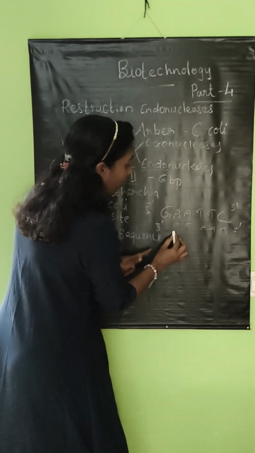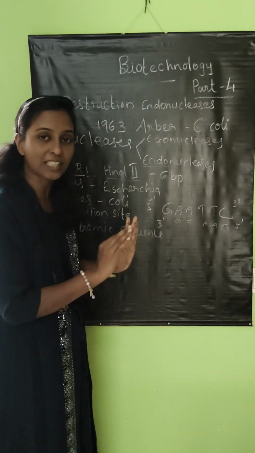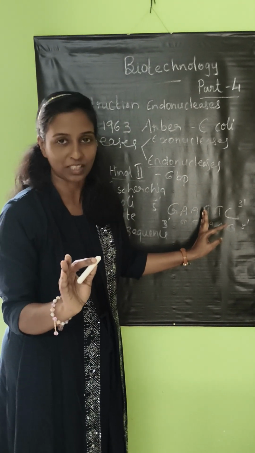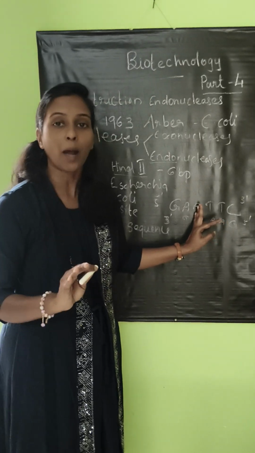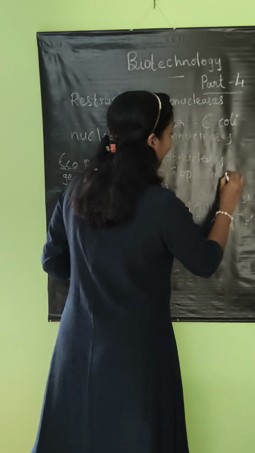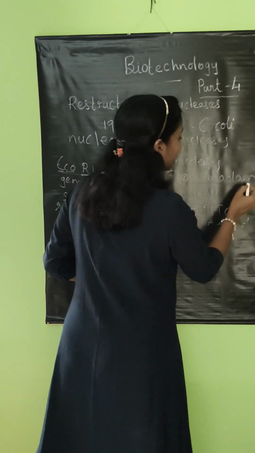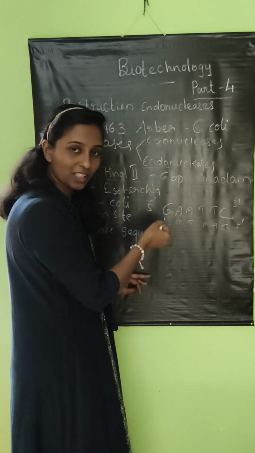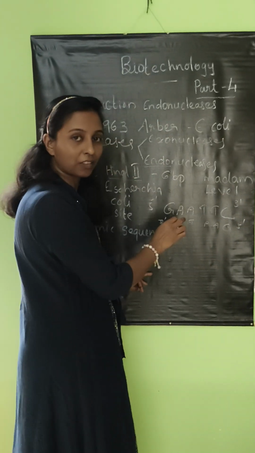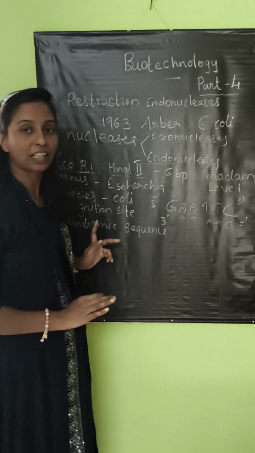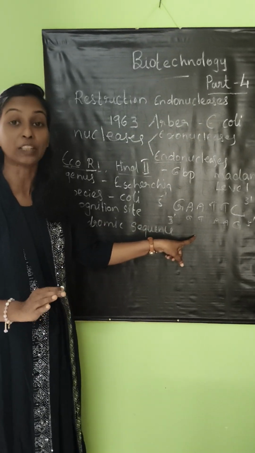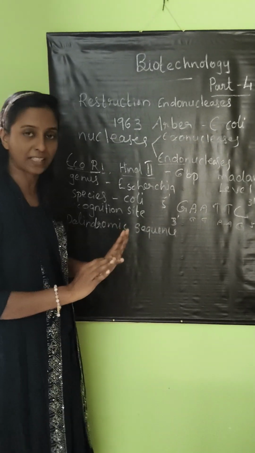Here you can understand that forward and backward it will be the same, 6 base pairs. As you have studied, there are many palindromic words like madam, which is the same forward and backward, and again level. Those words are palindromic words. Here we are studying palindromic sequences.